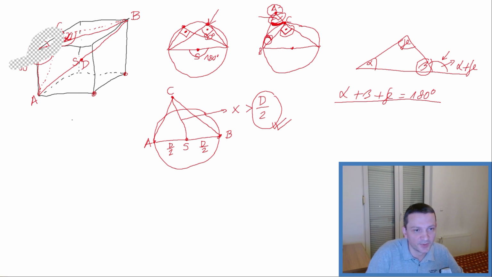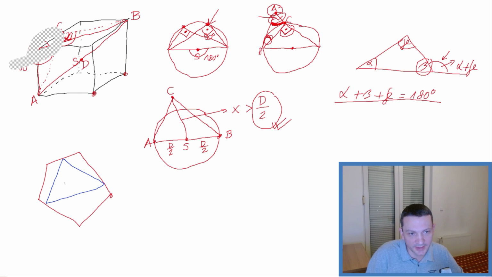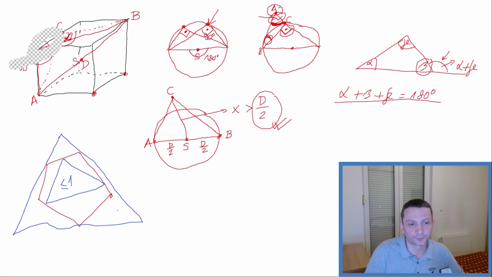So what is actually the problem here? If we have some convex polygon, and we take any triangle which is inside the polygon, we know that its area is at most 1, so less than or equal to 1, and we need to prove that we can place this whole polygon inside another bigger triangle, which has area 4.